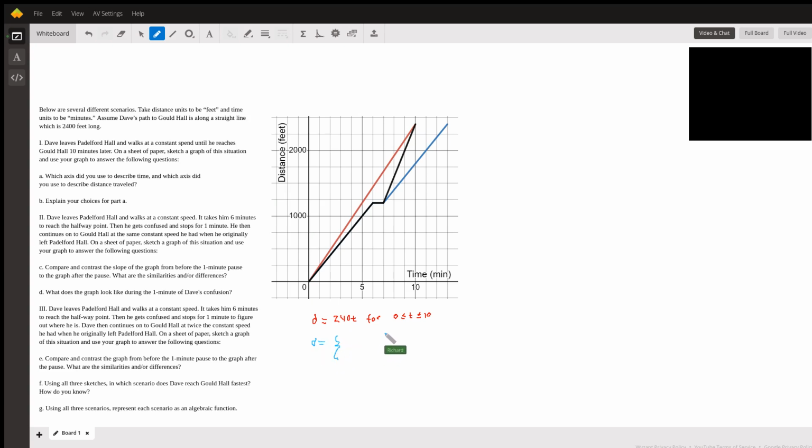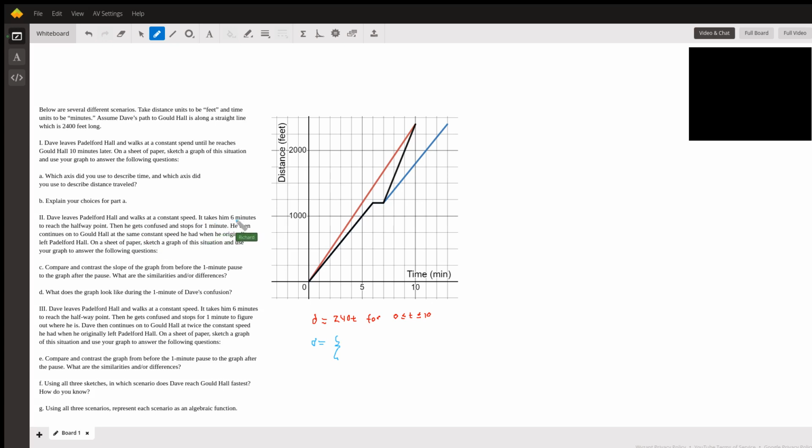Now the blue and the black are identical from 0 to 7 minutes here. Well, they overlap. So the scenario here is he walks at a constant speed.